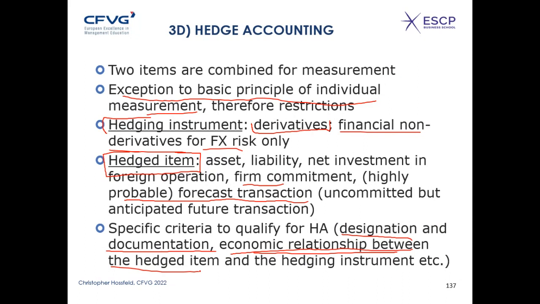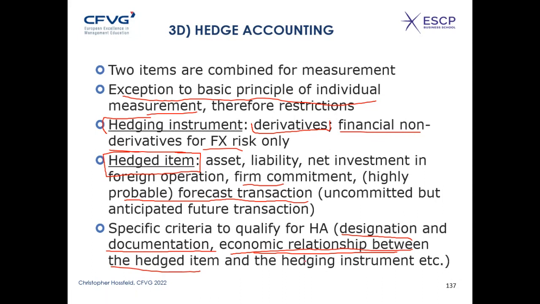That's ex ante, but I also need to prove this ex post. And that means at every balance sheet date, so every quarter or at the end of the year, I need to prove that, yes, indeed, over the last year, my hedge position was effective. Okay, so it's ex ante, forward looking, but also at the end of every year, I have to check if in the past that was true.